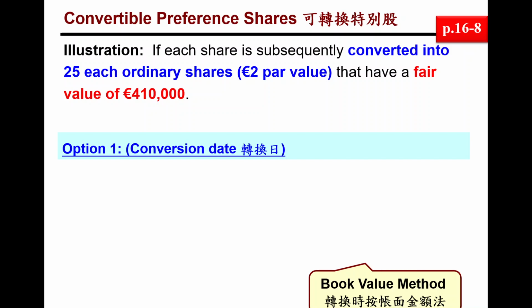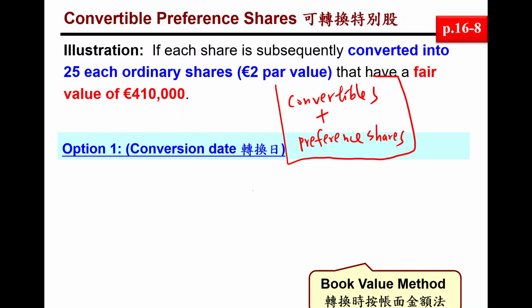I think you could finish it by yourself, right? Preference shares become ordinary shares. On the conversion date, what should we do? Remember, change two things: preference shares and convertibles, converting into ordinary shares.